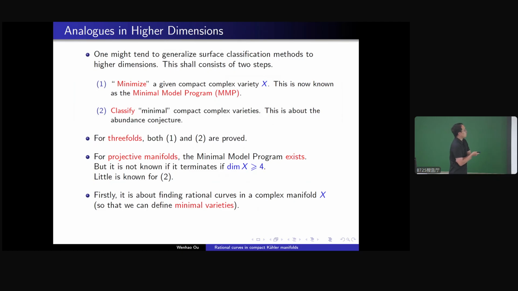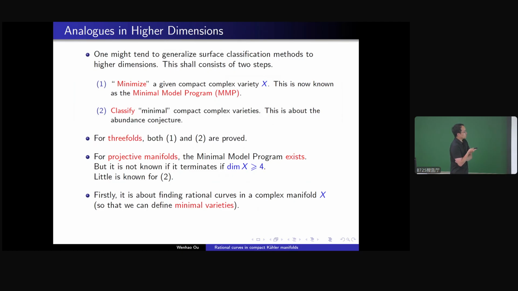What we know for now is that for threefolds, both 1 and 2 are proved. For projective varieties, they were proved by the end of the 20th century, and for compact Kaehler varieties, they were proved in the past few years. If the dimension is higher, at least 4, for projective manifolds, the minimal model program exists, but we do not know if it terminates.